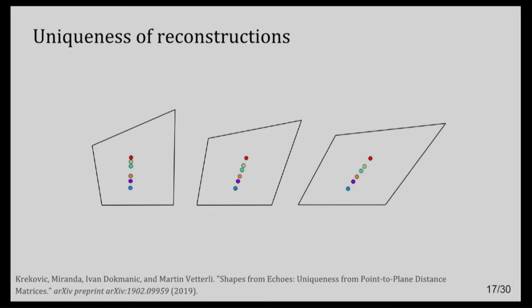So for the three trajectories that you see here, the trajectory is linear, and the room is some polygon of degree 4. You can see that all these three configurations actually have the same PPDM. So they are not distinguishable from each other if you're only given distances.